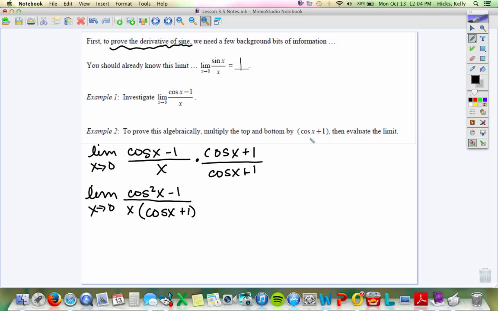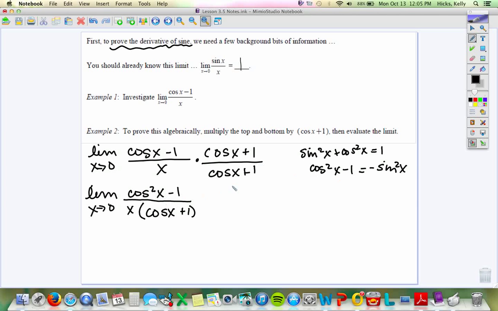Do you remember from trig the Pythagorean identity that says sine squared x plus cosine squared x equals 1? Does it therefore make sense that if you rearrange this, cosine squared x minus 1 is going to equal negative sine squared x?